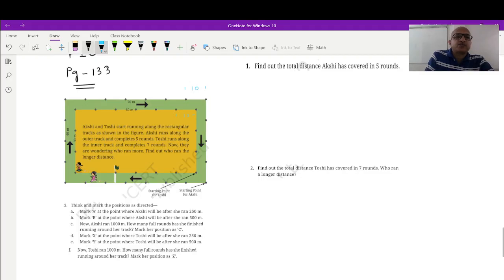So let us go for the first. Find out the total distance Akshi has covered in 5 rounds. Right? So for Akshi the starting point is this one, and for Toshi the starting point is this one. Akshi is taking a round outside of the rectangle, and Toshi is inside.